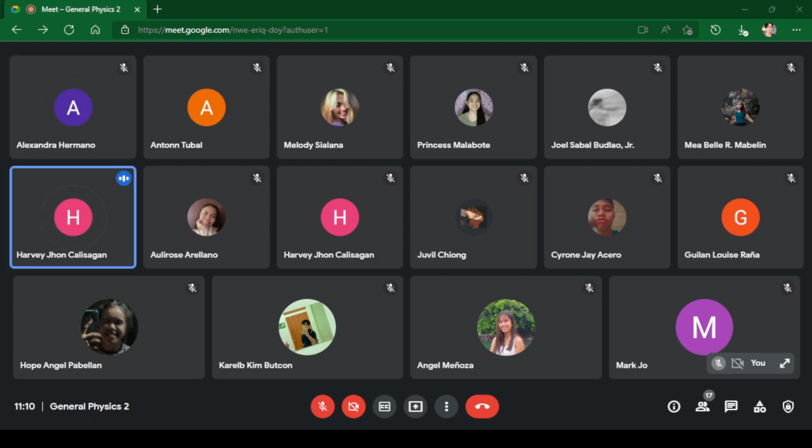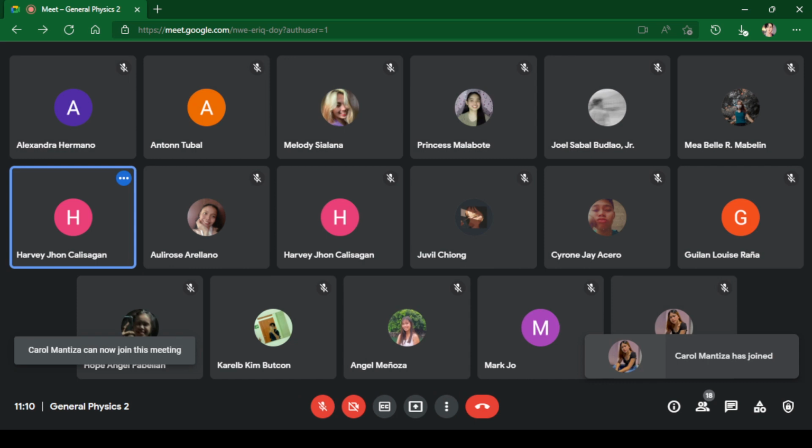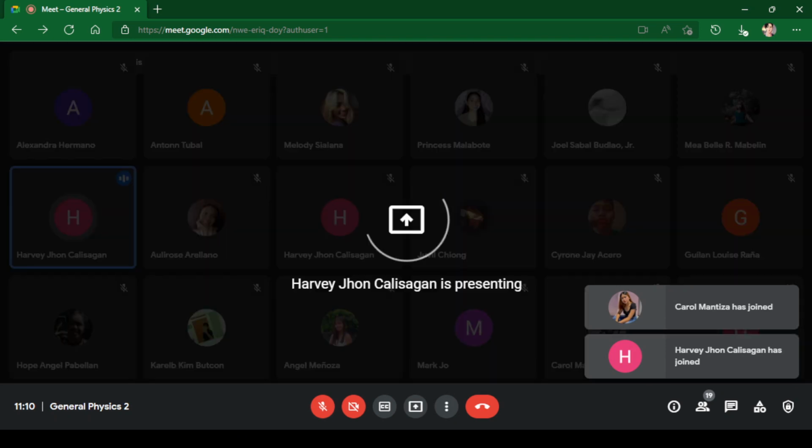We'll be discussing the formulas involved in calculating magnetism and electromagnetism. I've said that I will be separating the principles from the calculations, so let's focus on the calculations today.